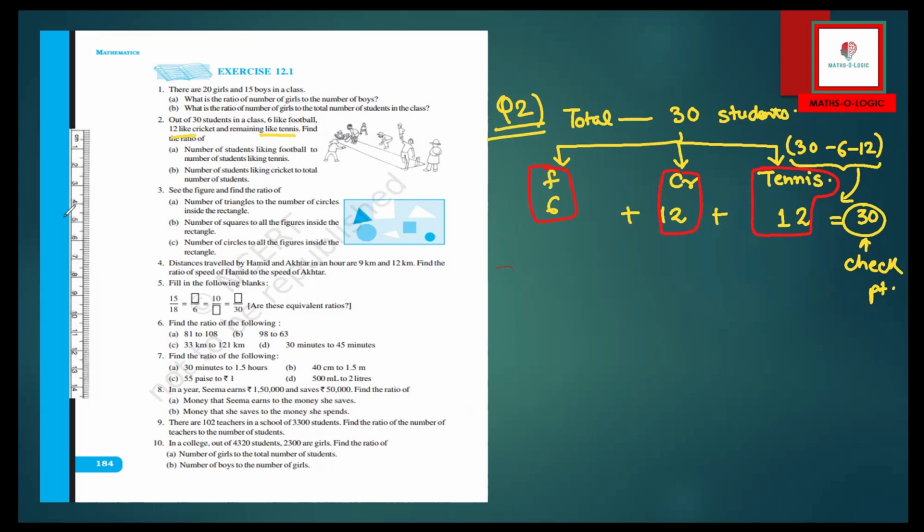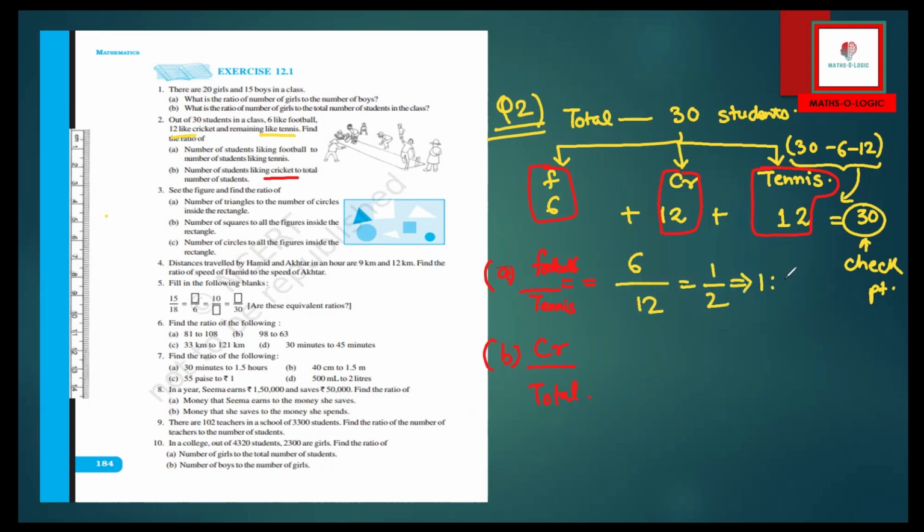Okay, now let's read the question further. The number of students liking football to the number of students liking tennis. So football by tennis का ratio हमें चाहिए. ठीक है, the next one says the number of students liking cricket to the total number. Total चाहिए. ठीक है, so now football is 6 and tennis is 12. So this is 1/2.